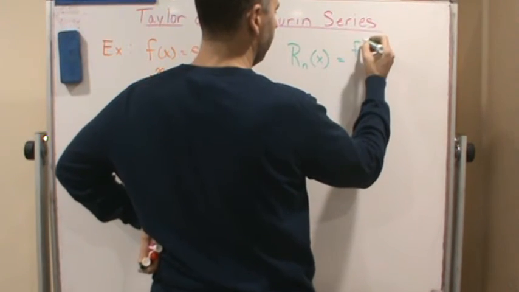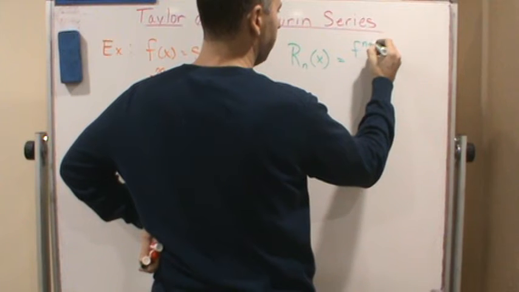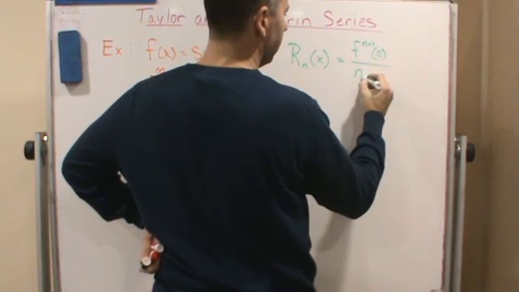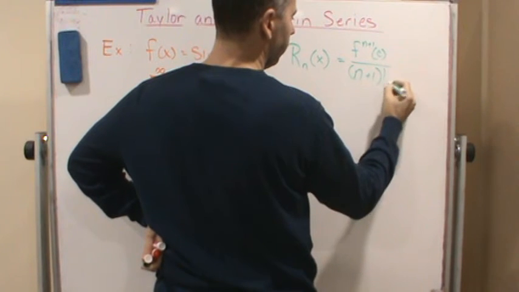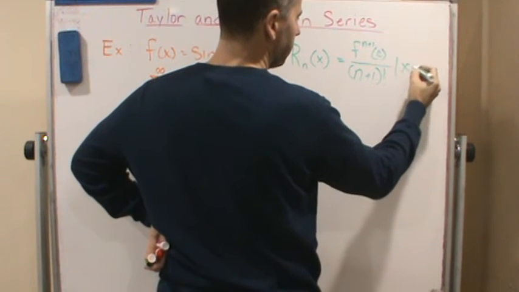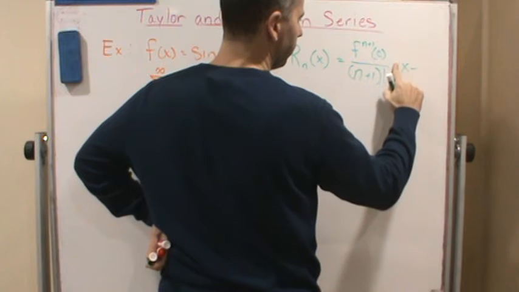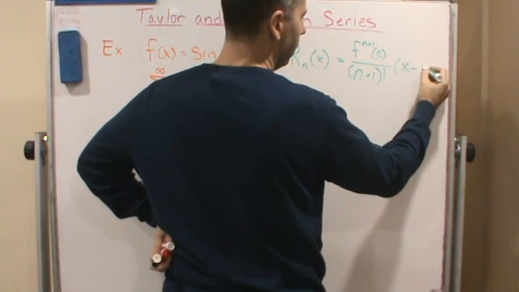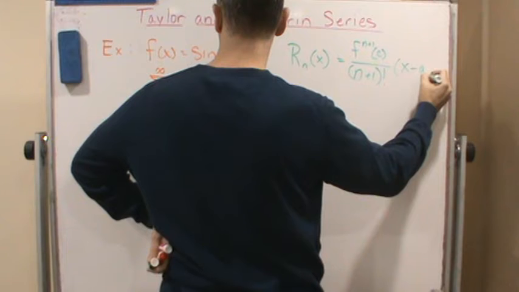f to the n plus 1 of c over n plus 1 factorial times x minus a.